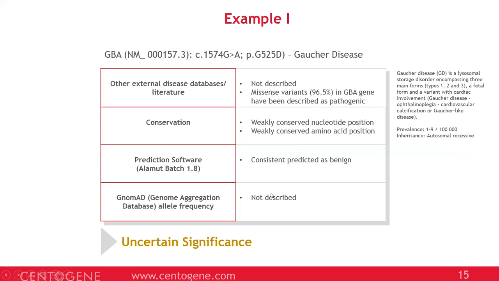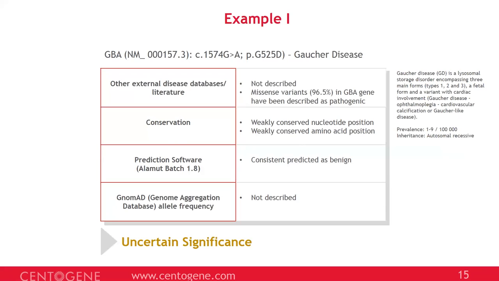The variant is rare, is not described in gnomAD, and predicted to be benign by different prediction software. Concerning the conservation, it is weakly conserved, the nucleotide as well as the amino acid position.